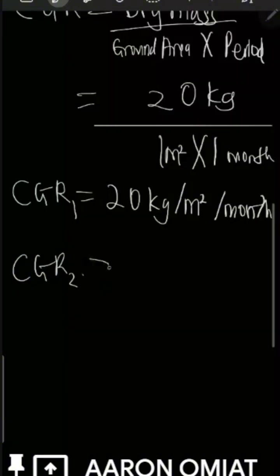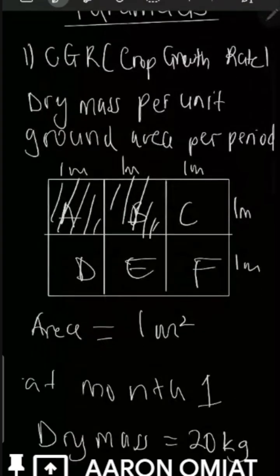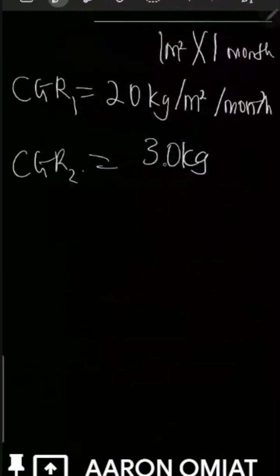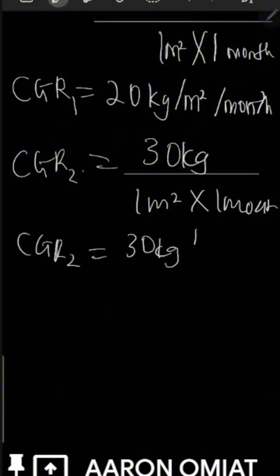So let's say month 2, we do the same thing. We go to field B, cut all the plants here, take them to the oven and oven dry them, then we measure and we end up with 30 kgs. And the area is still 1 meter squared and the period is 1 month. So at the end of it, our CGR2 shall be 30 kgs per meter squared per month.